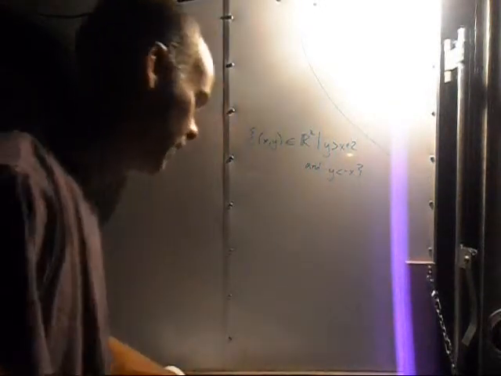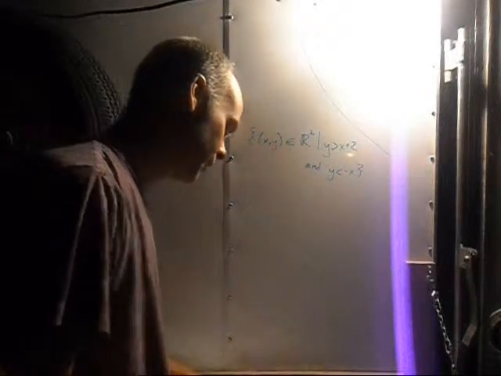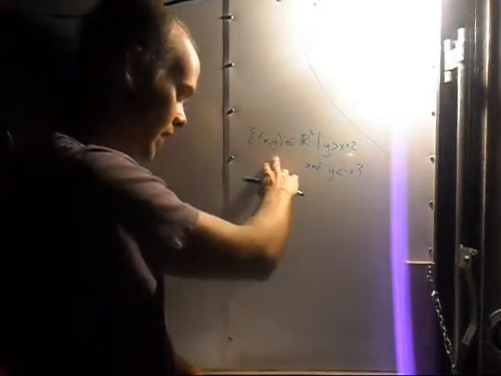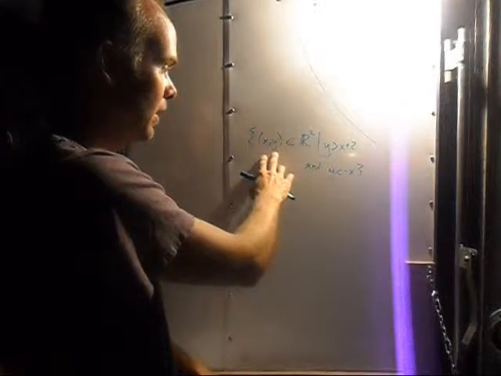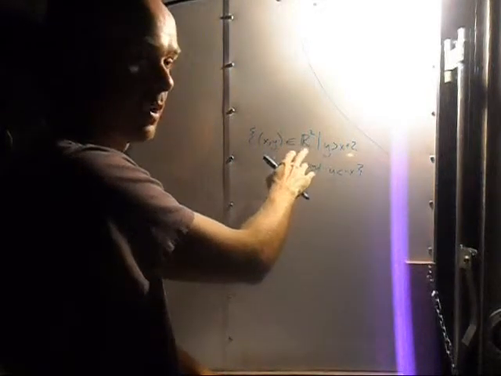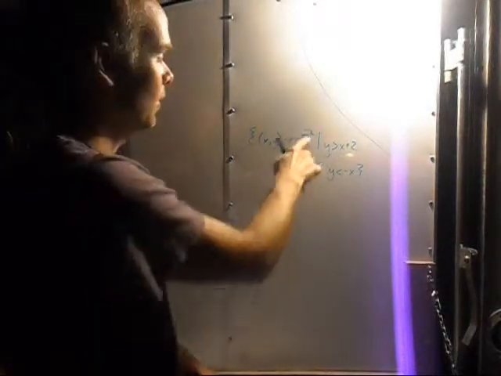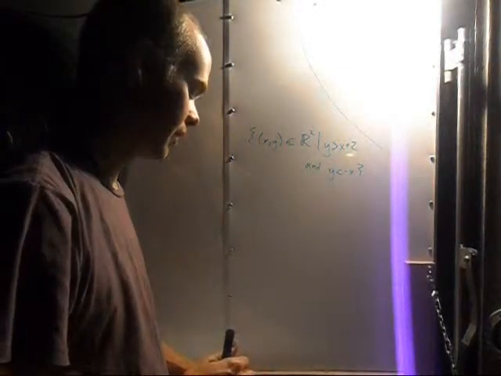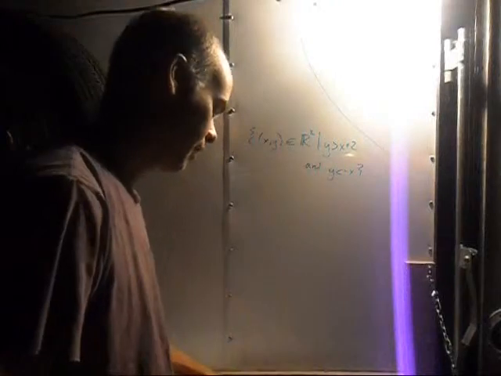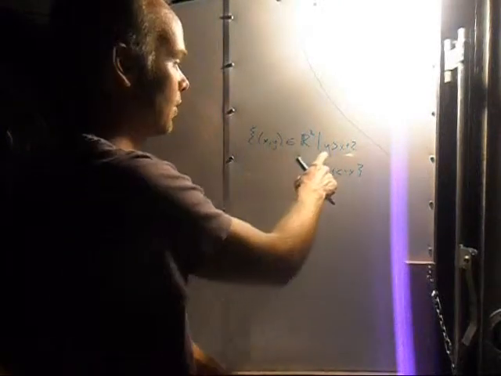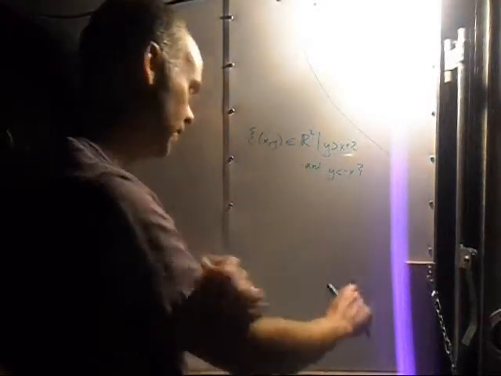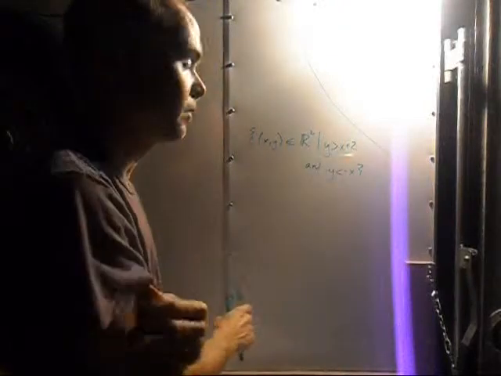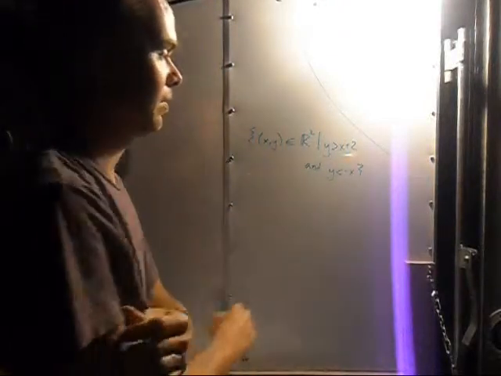So how you'd read this is the set whose members are an ordered pair x and y, where each of x and y is an element of the real numbers. So this R squared just means that both of these are elements of that set, such that y is greater than x plus 2 and y is less than minus x.